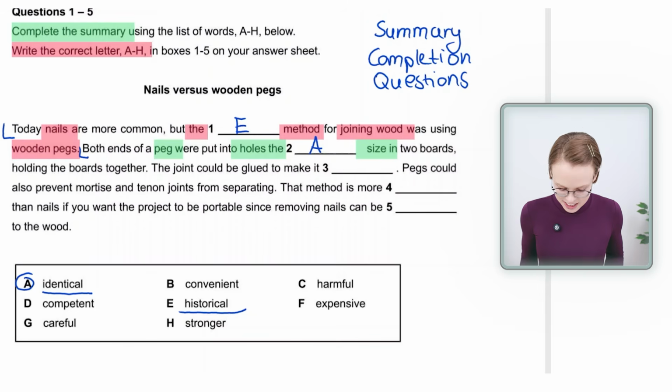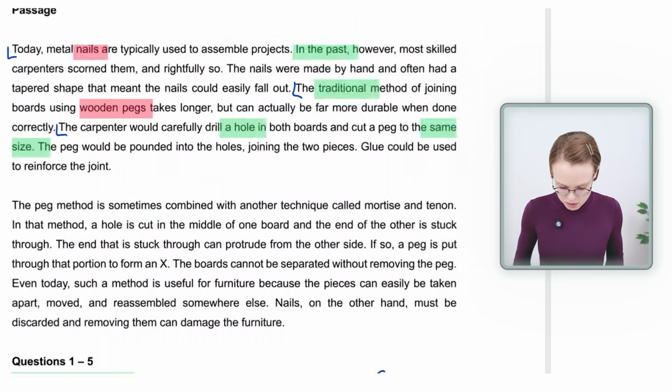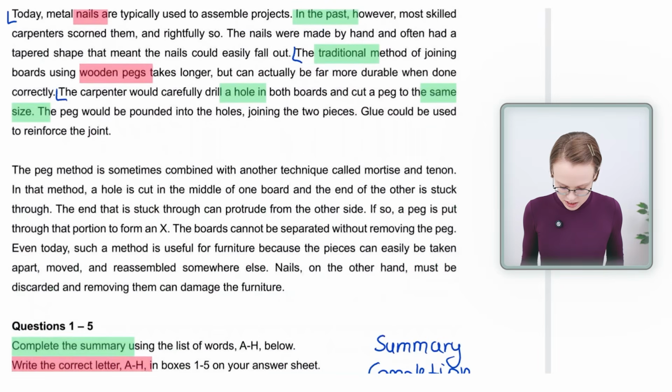Let's continue reading. The joint could be glued to make it something. Now, what are we looking for? We're looking for information about gluing in the passage, and for the word joint. Let's have a look at the passage. I remember reading something about that here. Here, this sentence talks about glue and uses the word joint.